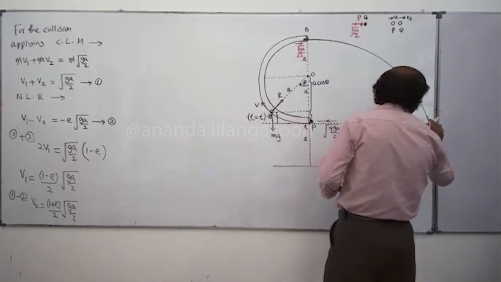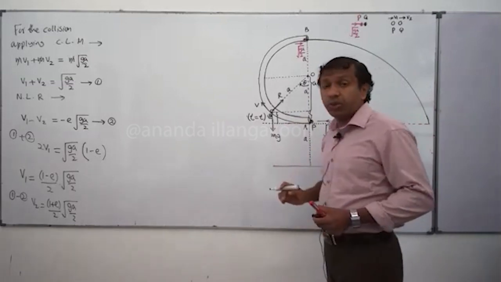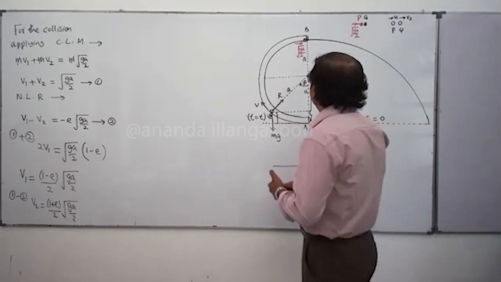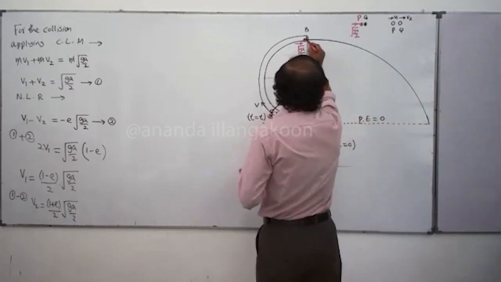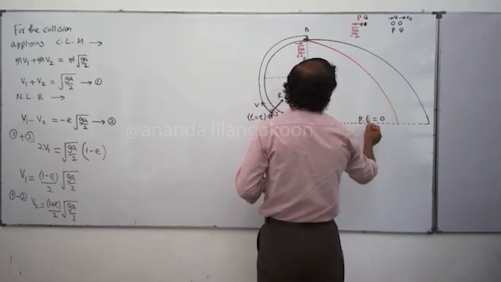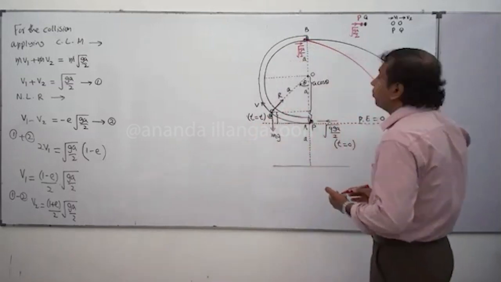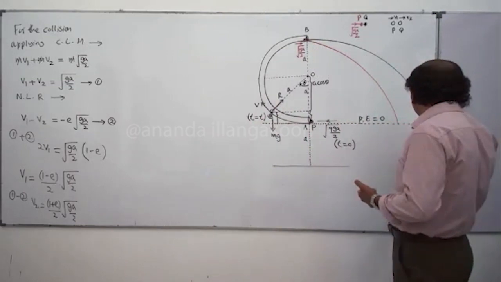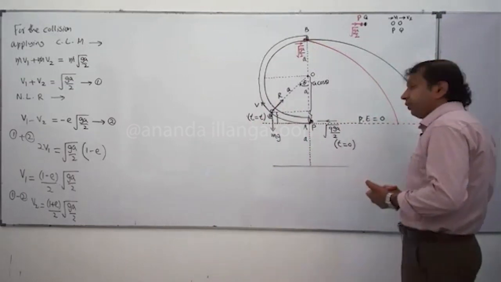Both the particles P and Q, soon after the impact, people, have vertical velocity 0. So particle Q moves this way, particle P moves this way. It has lesser velocity, v1 is less than v2. Now they will fall to the ground at 2 points.